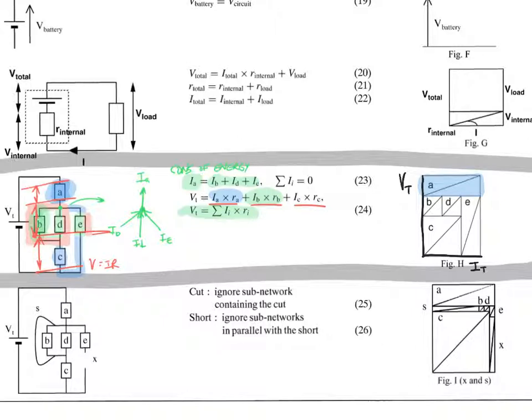Notice that we had 1, 2, 3 currents at that first node. I have a current width for B, a current width for D, and a current width for E. And the sum of those 3 currents is the total current through A. It's the same width as the whole box.